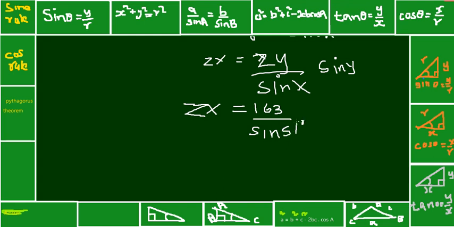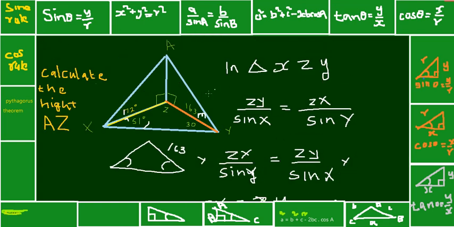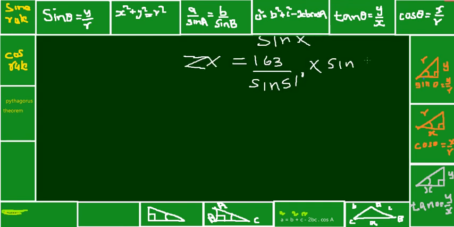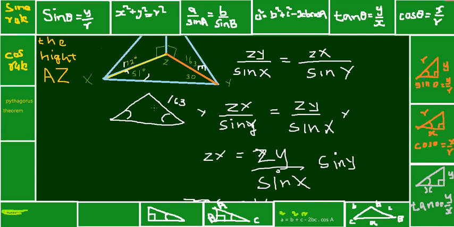Just write 51 and then multiply by sine Y. The angle at Y is 30, you put that here. Using a calculator, you'll find that ZX is 104.87, and then you still continue calculating.